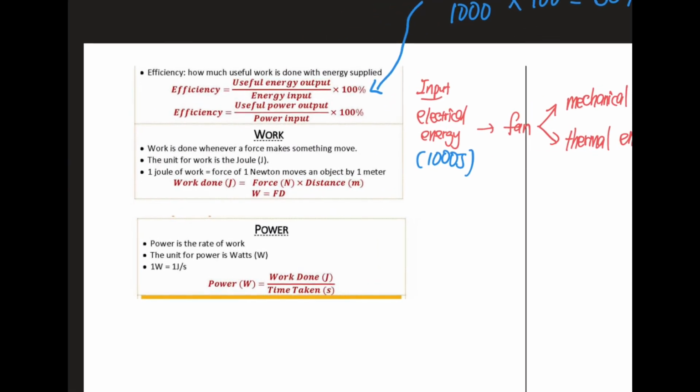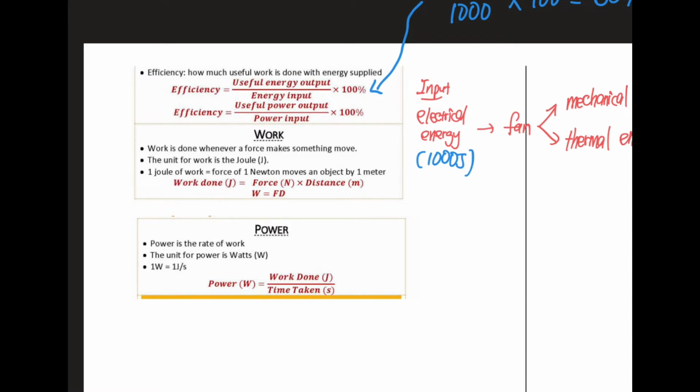Okay, so let's see the next one. Work. Work is done whenever a force makes something move. Okay, so for example, if you push a toy car and the toy car starts to move, work is done.